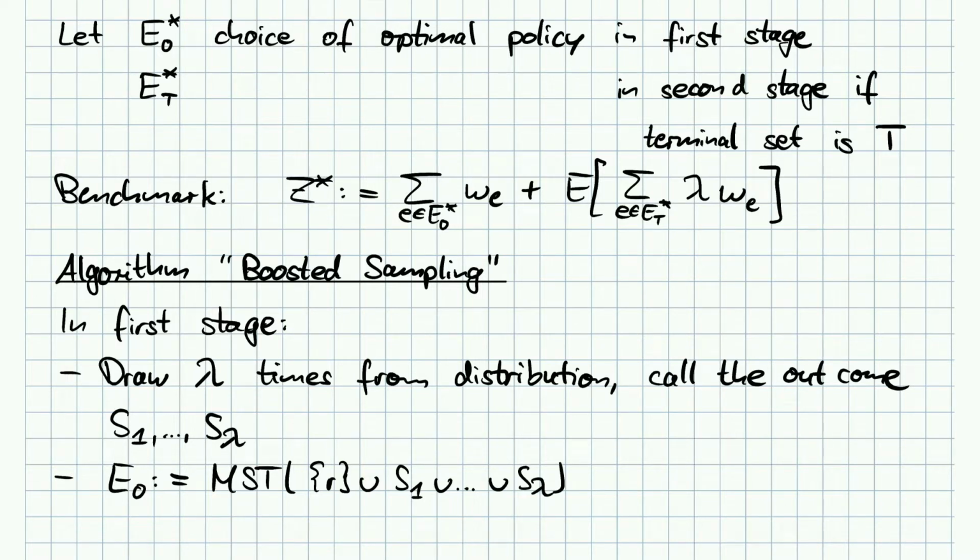I should mention here that I assume that lambda is an integer. You can also use this algorithm if lambda is not an integer, but things get a little more complicated. Cool. So now we have our first stage choice. And let's now talk about the second stage choice.